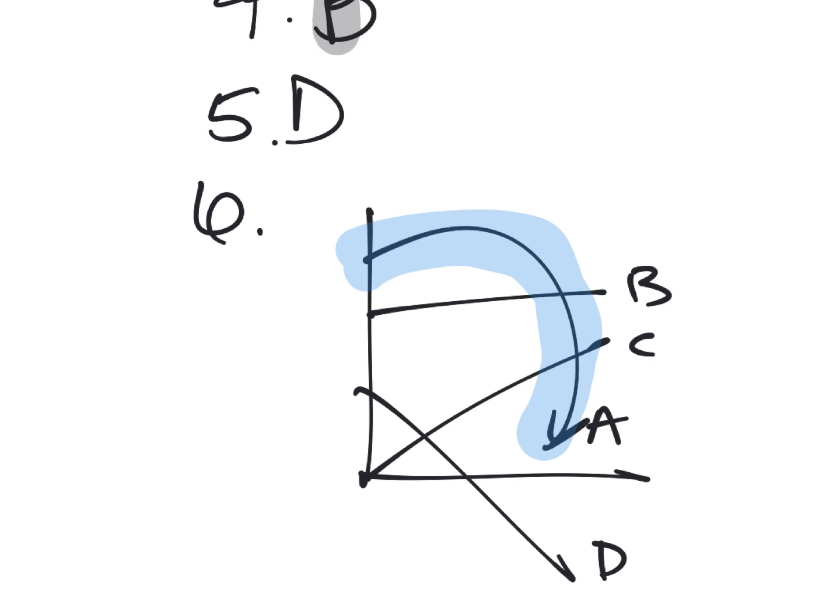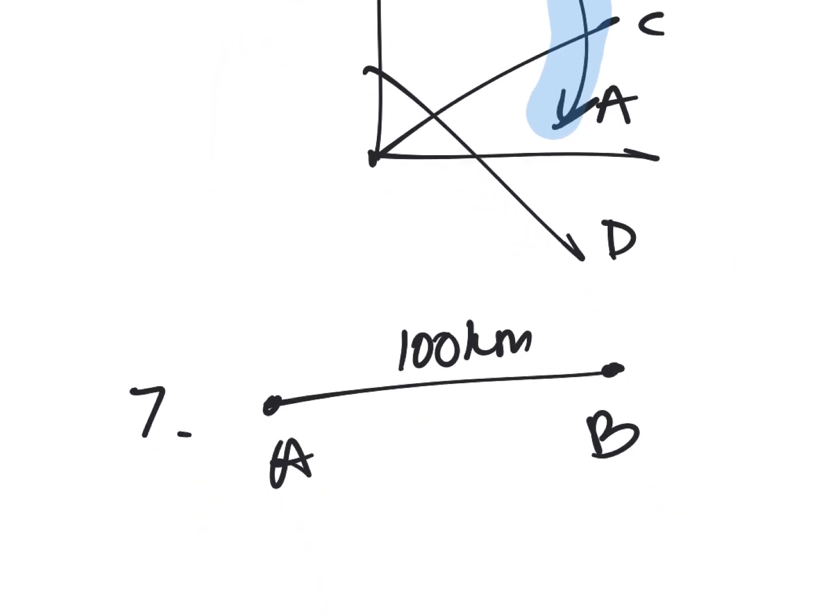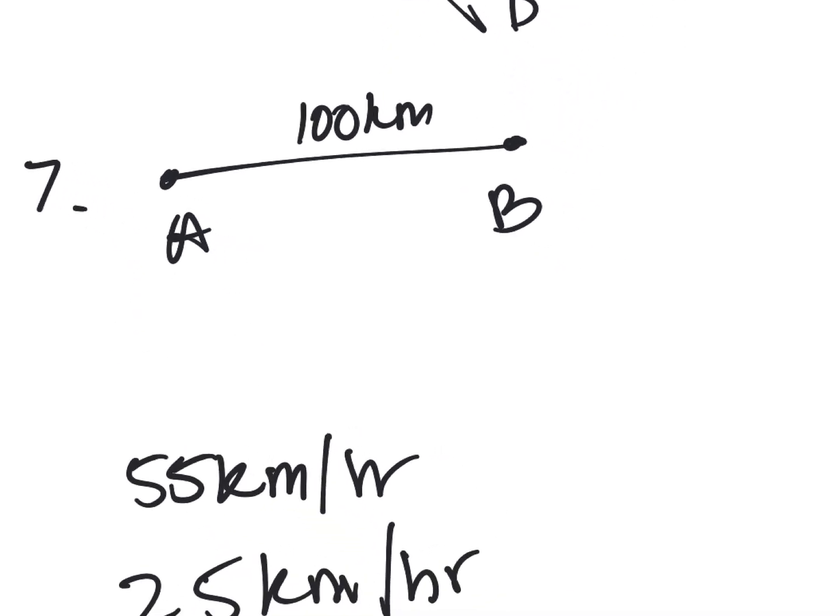Now, question number 7. Draw it out. Halfway, we're traveling at 55 kilometers an hour, and the remaining half we are driving at 25 kilometers an hour. On the way back, same thing.